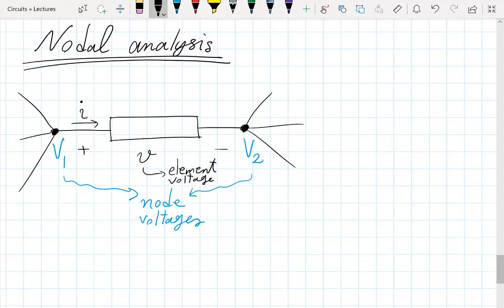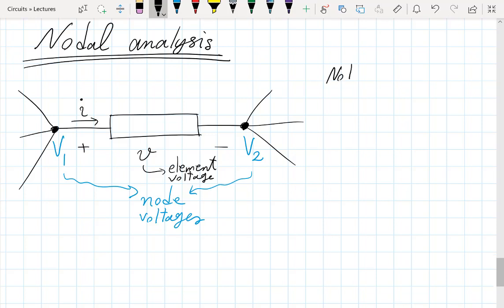Now, a node voltage is, remember we said in the past that it's really voltage difference that actually does something. The same way that if you're in a gravitational field, it's the height difference that does something, right? If you have a flat surface, you put a wheel on it, it won't roll. You need a height difference. In the same way, it's voltage difference that matters.